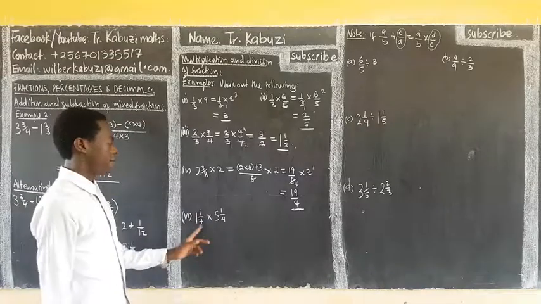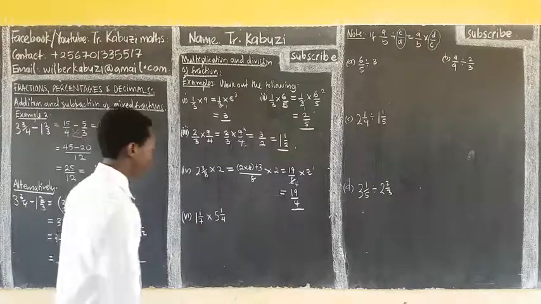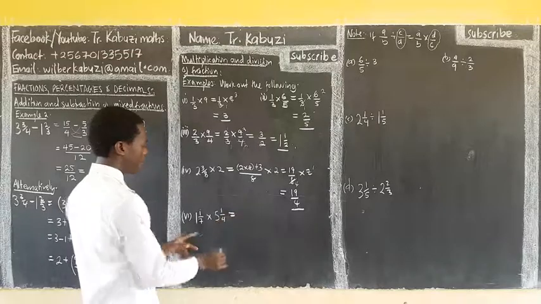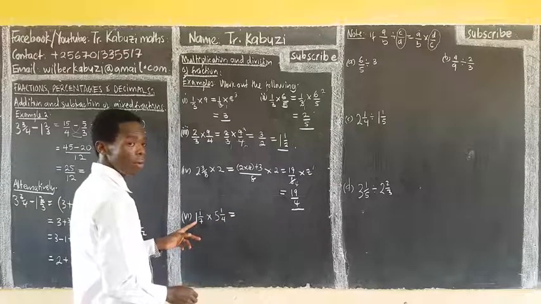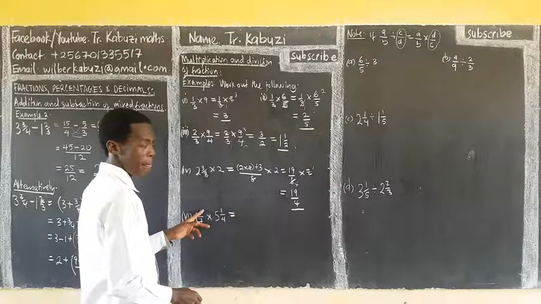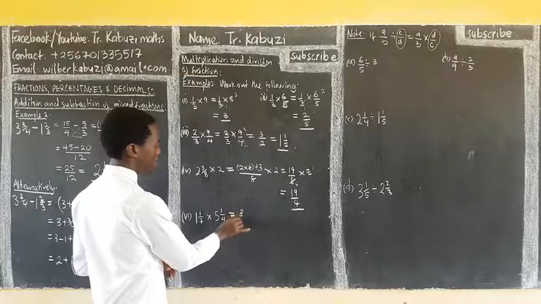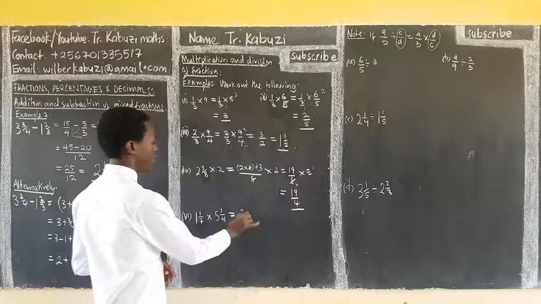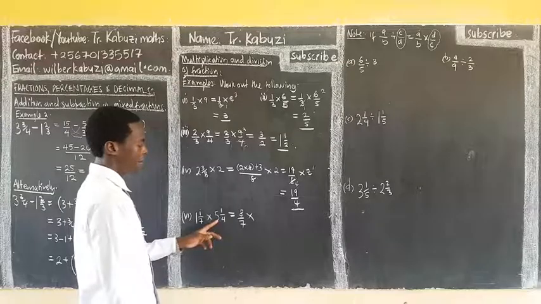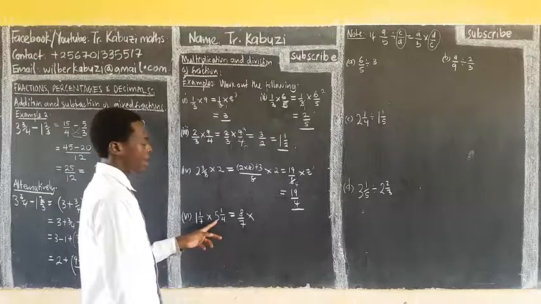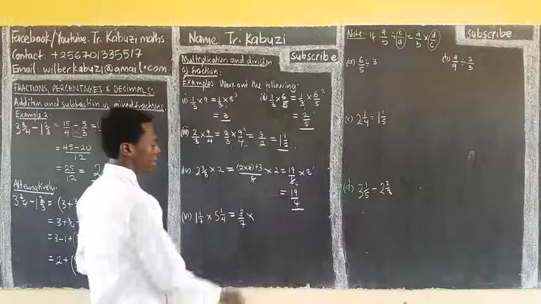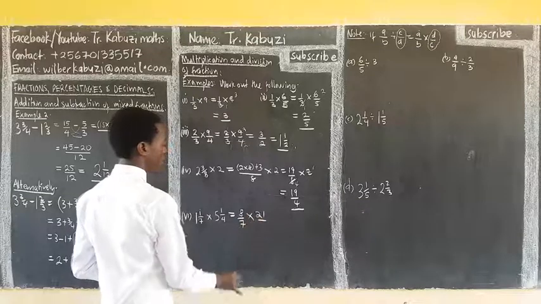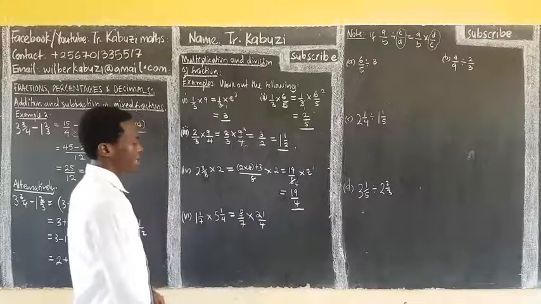Now here we have all of them as mixed fractions, so we first convert this one, times this, plus 1 over 7. Now we are multiplying with 4 times 5 plus 1, 21, the whole over the denominator.